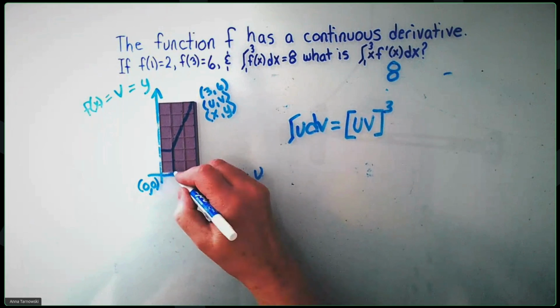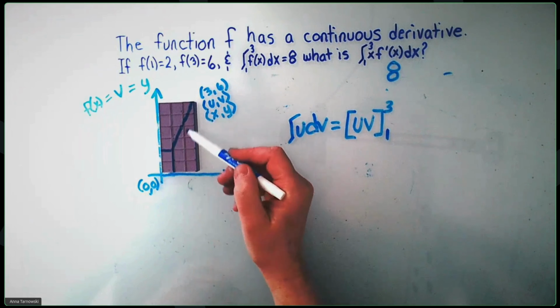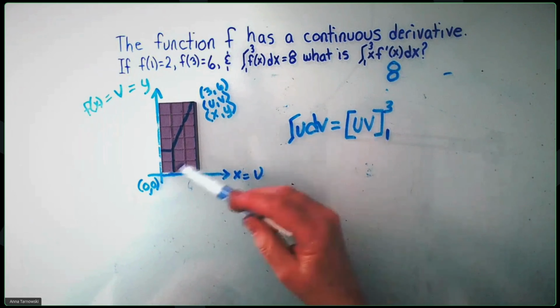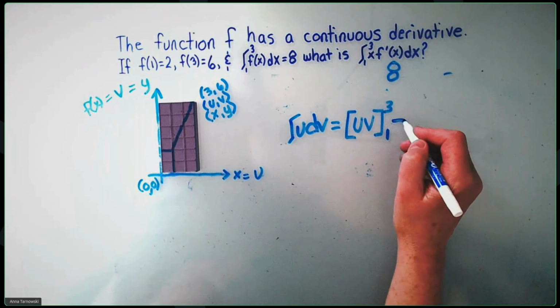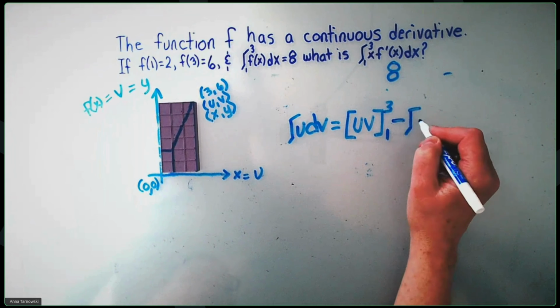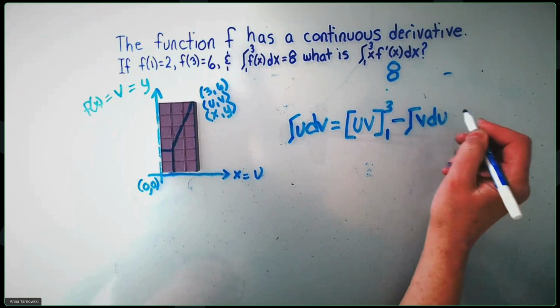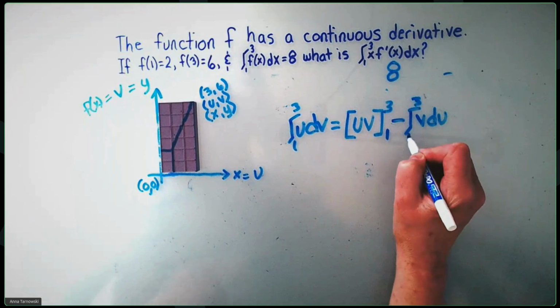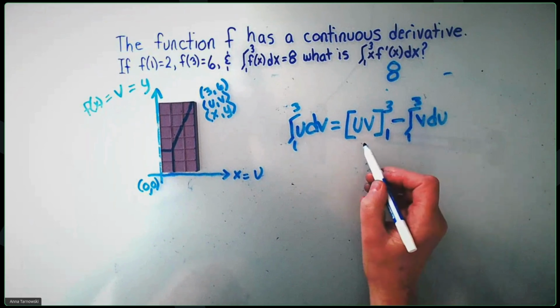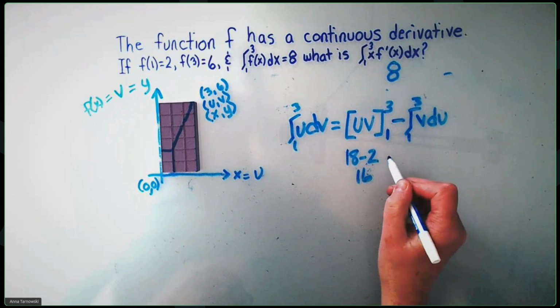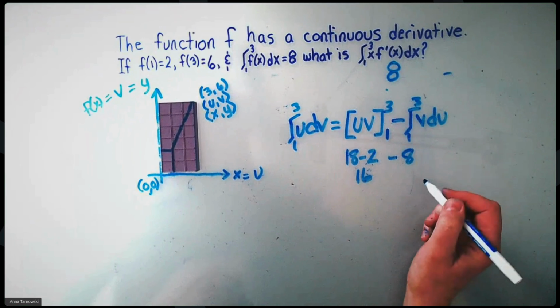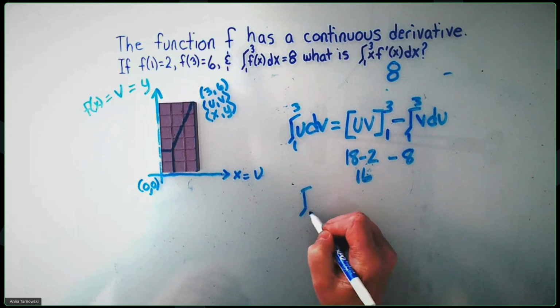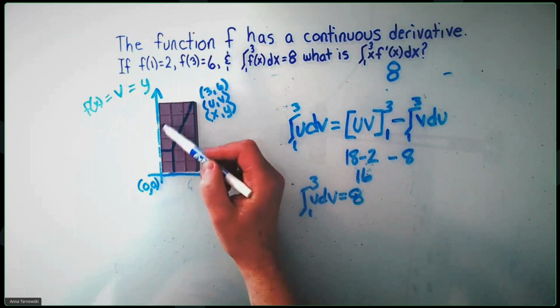This 3 to the 1, which is the big box, subtract the small box, or the big rectangle, subtract the small rectangle, and then subtract the integral of v du. Okay, again, all of these should be 3 and 1, 3 and 1. Well, we already know 18 minus 2 is 16. Subtract the 8 which we're given, right? So the integral from 1 to 3 of u dv is going to be equal to 8, and that's this up here.